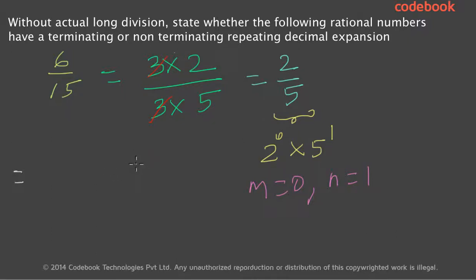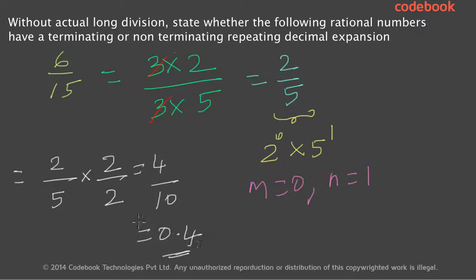Because when it has equal powers of 5 and 2, we can express it in powers of 10, which makes the division easy. Here we have a denominator with a power of 5 which is equal to 1. So multiply the numerator and denominator with the same power of 2, here 2 power 1. So this is nothing but 4 by 10, which is equal to 0.4. This is the terminating decimal expansion of the given p by q rational number.